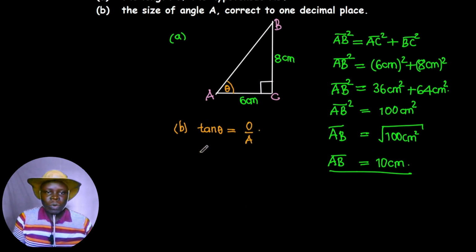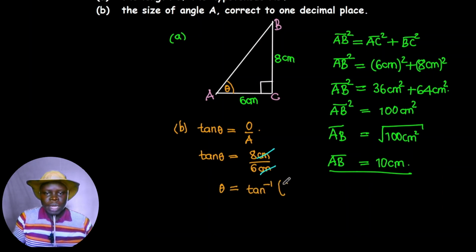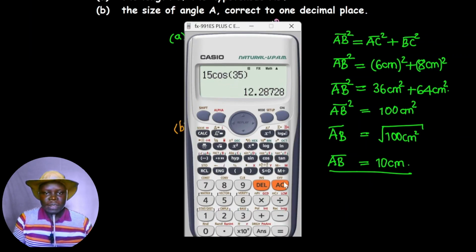So we can make substitution of our opposite as 8 centimeter over adjacent as 6 centimeter, and we know that these centimeters we just have to cancel off. Therefore, to get this angle theta, we can get the inverse and say tan arc of 8 over 6. So let's get our calculator and work this one out.